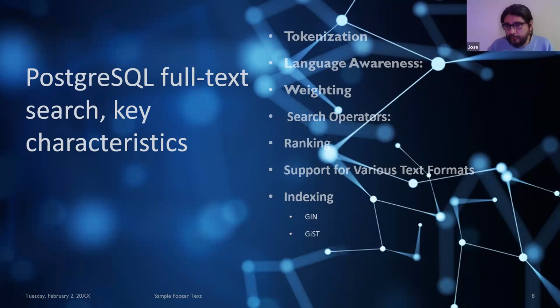If you're using a small amount of data, GIN is faster. And if you're using a large amount of data, GiST is faster. And they just refer to it like that in the documentation. So there is not much explanation of how it works.